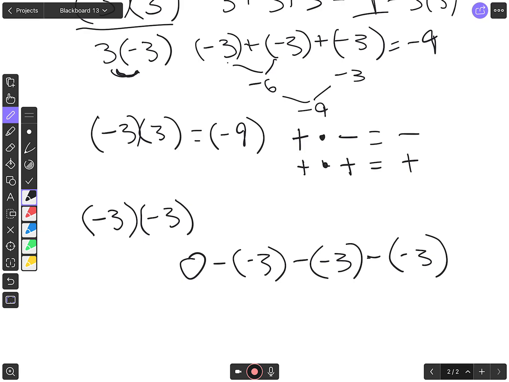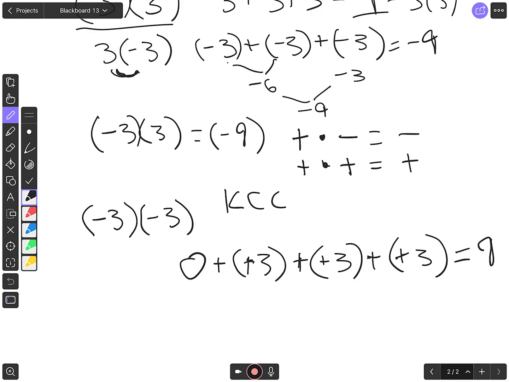Well, if you remember our subtraction rule, okay, we can use our keep change change if we want, all right? Or we could just remember that subtracting a negative is the same as adding a positive, but let's just do our keep change change. So we go plus, plus, we keep this one and we change the minus to a plus and the negative to a positive, plus, plus, and we end up with 3 plus 3 plus 3.